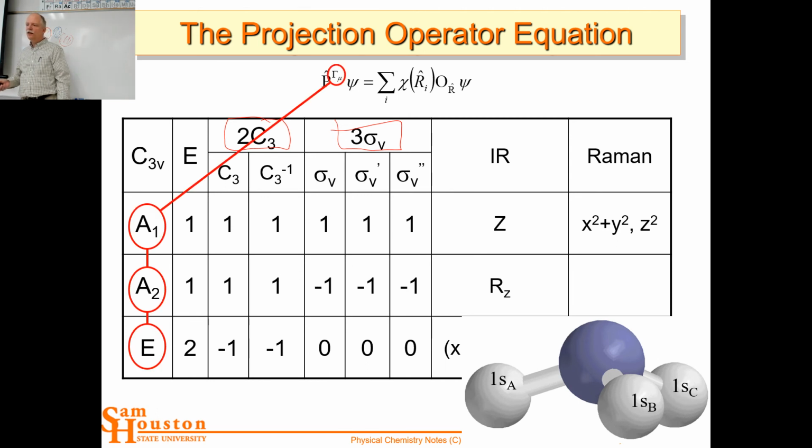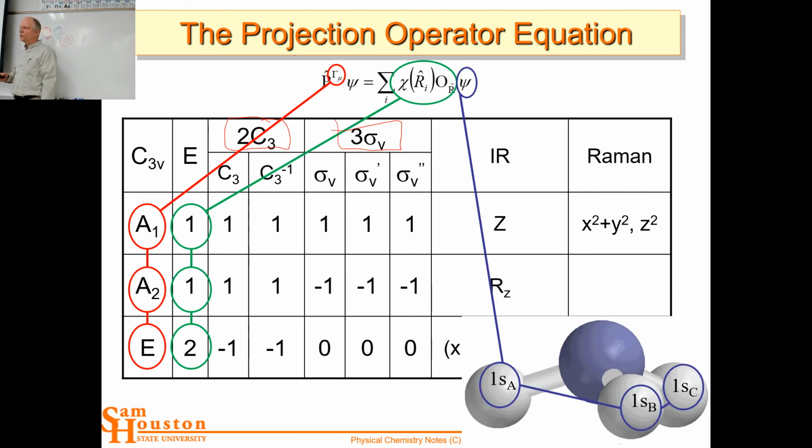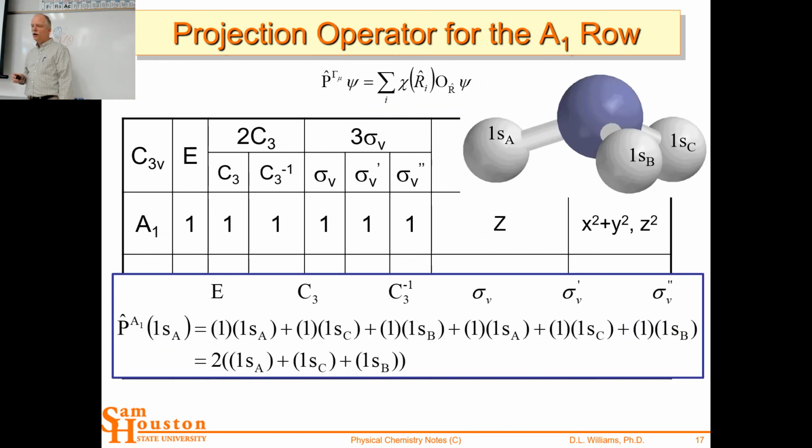So we've got the different projection operators, one for each row. Then we have the characters, and then we have the different orbitals that we're operating on. So let's pick on the 1s orbital on atom A, and we'll make the symmetry-adapted linear combinations for the hydrogen atoms. And so it's a little bit long, it's 6 terms, because there's 6 columns in the character table. But if you look at this, we're working on the top row.